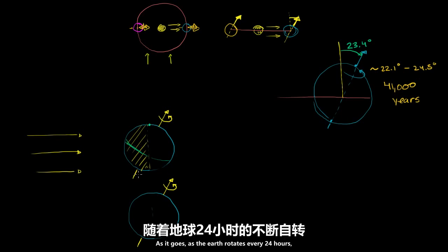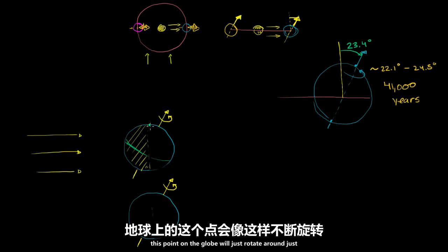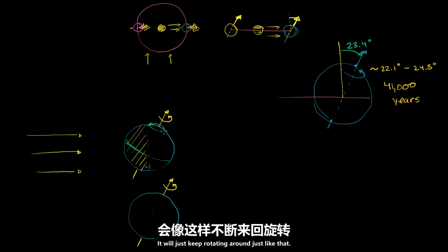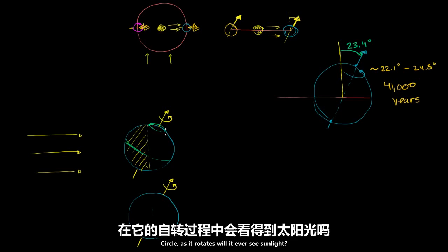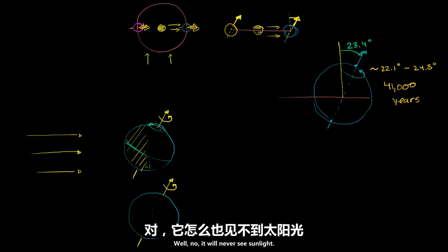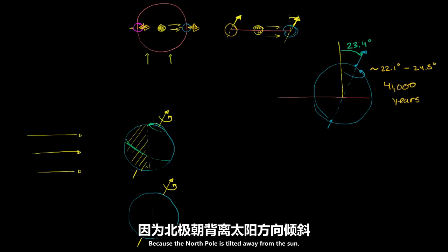Let me go to some point in the Arctic Circle. As the Earth rotates every 24 hours, this point on the globe will just keep rotating around just like that. And so my question is, that point in the Arctic Circle, as it rotates, will it ever see sunlight? Well, no, it will never see sunlight because the North Pole is tilted away from the sun.